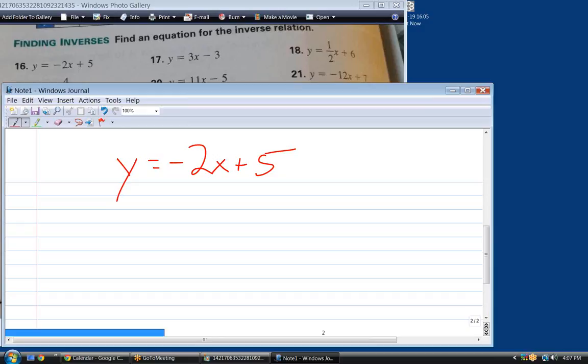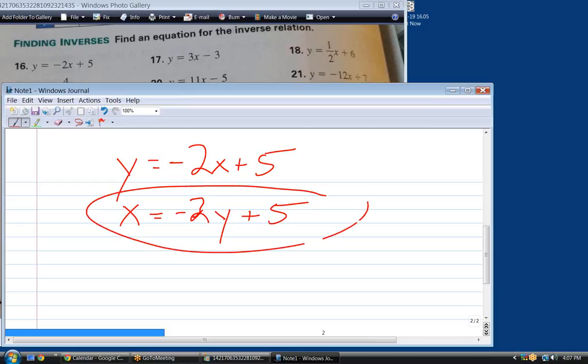First step, switch the variables. Second step, solve for y. So, first step, switching the variables. And now solve that equation for y and you'll have the inverse.